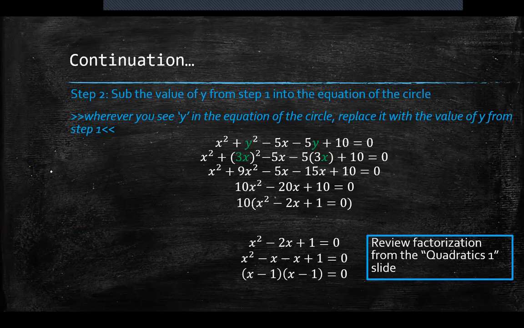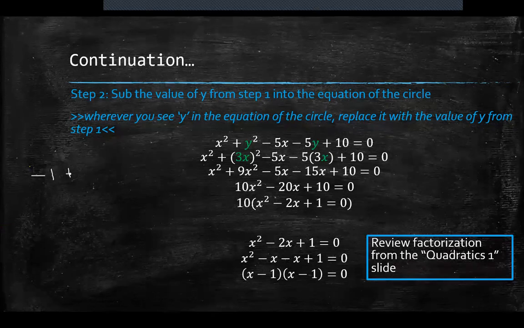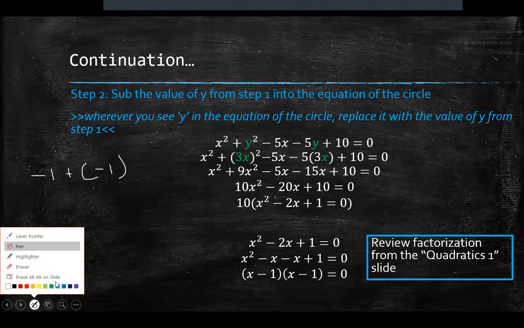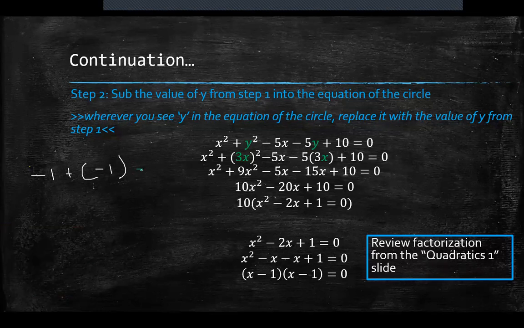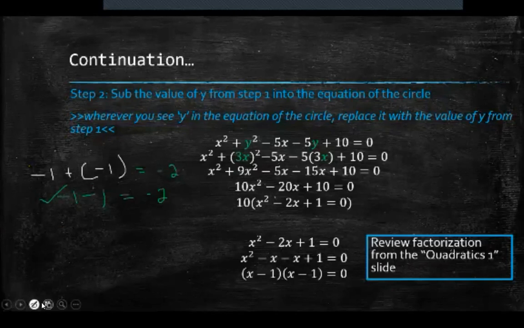So let me show you. -1 plus -1, we need that to equal the value of B, which in this case is -2. Plus a minus is a minus, so this becomes -1 -1, which is equal to -2. So we go with that.